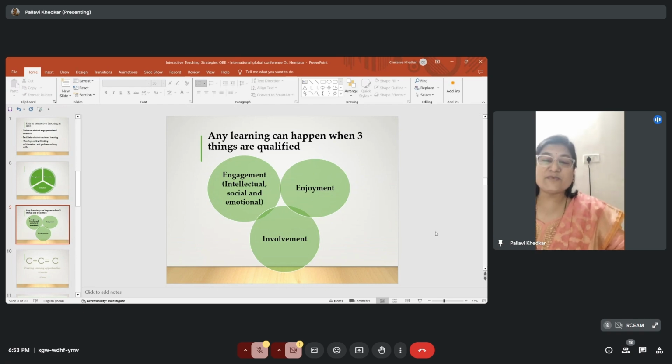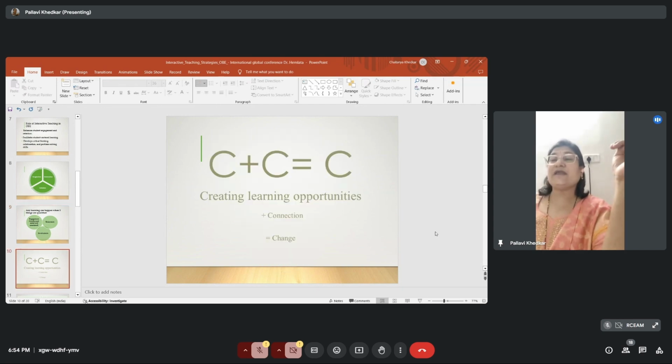Unless teachers enjoy teaching, they will not be able to teach properly. So teacher enjoyment is very important. And third thing is involvement, where the students are involved in learning and the teachers are involved in teaching. That involvement is also very, very important when we talk about a classroom. When these three things are qualified, the learning actually happens.